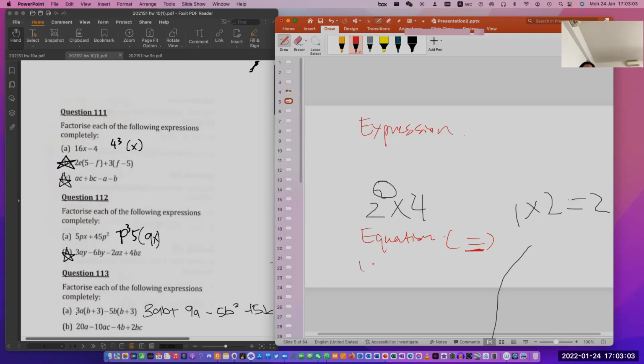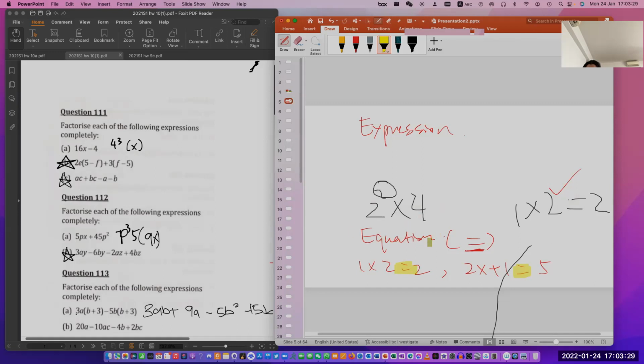So equations like 1 times 2 is equal to 2. You are right, you gave an example of an equation, 1 times 2 is equal to 2. And then of course you can have 2x plus 1 is equal to 5. So this is also an equation. As long as you have an equal sign, then you have an equation. That's the first concept for equation.